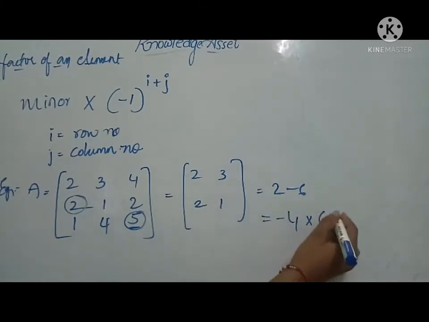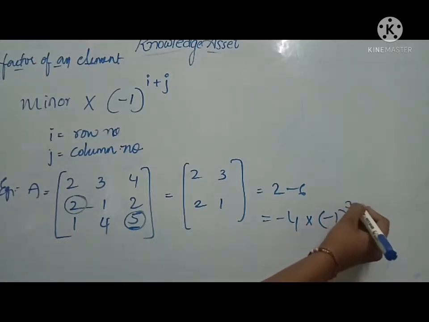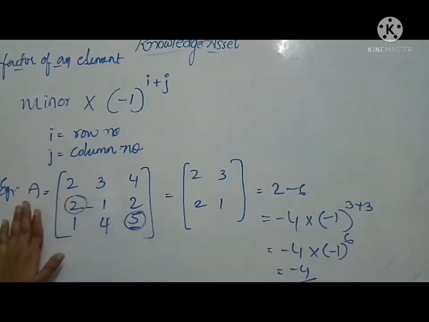It is multiplied by minus 1 to the power of the row number 3 plus the column number, which is also 3. It is an even number, so that is 1 to the power 6. It gives 1, so minus 4 into plus 1 is equal to minus 4. This is the cofactor for the element 5 in the matrix A.